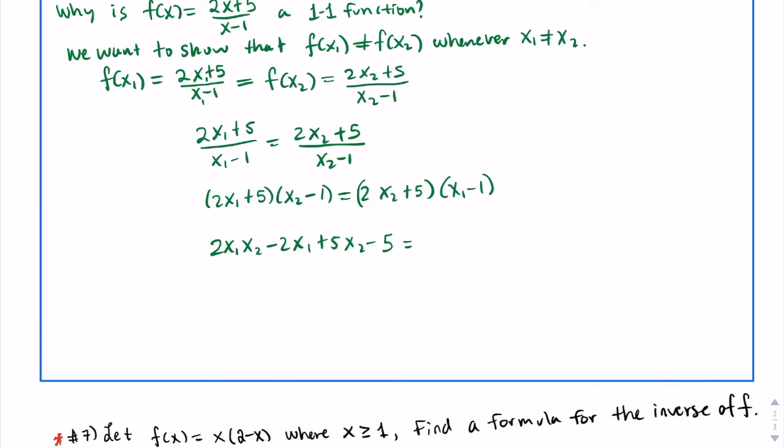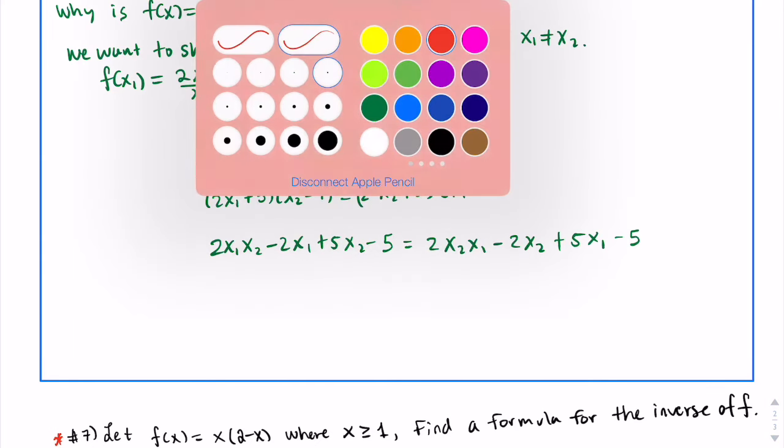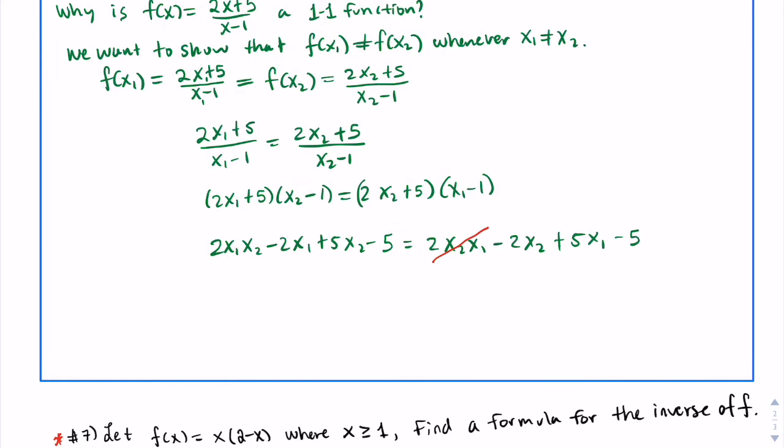And on the right side, when we distribute this out, we get 2x2x1 minus 2x2 plus 5x1 minus 5. But do you see that the 2x2x1 terms will cancel out on both sides? If you subtract that term, it just cancels out on both sides. And the 5s will also cancel out on both sides. So what do we have on the left side here?